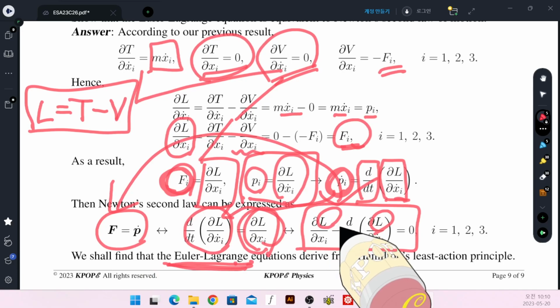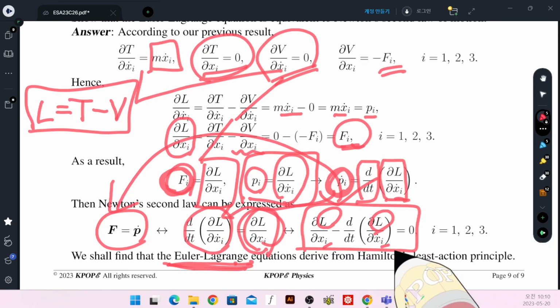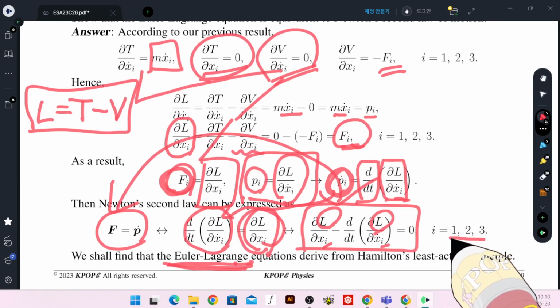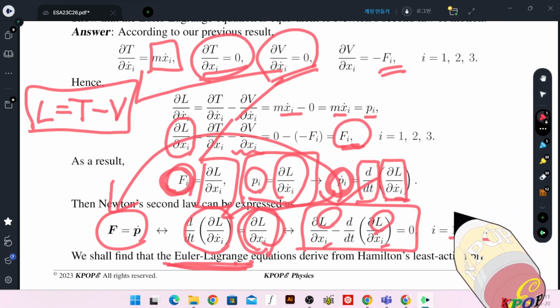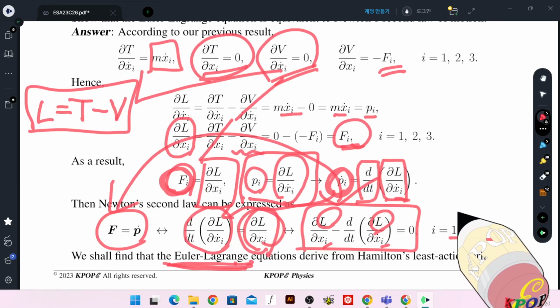That's a very nice point, because a scalar function is much easier to deal with, and there is a vector index i that runs from 1 to 3. This theory does not reduce to a very simple case for a single particle. However, for a many-particle system, this Lagrangian approach is extremely useful to solve the mechanical problem. And this method can also be applied to the relativistic case too.